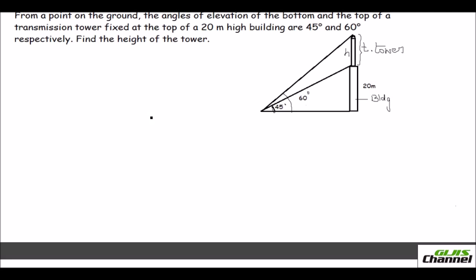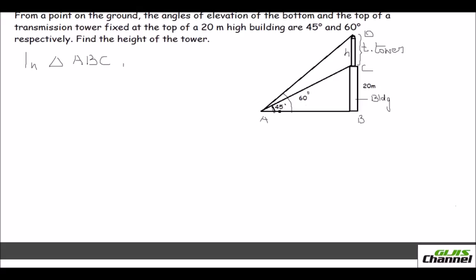Now let's do the small triangle, 45-degree angle, okay? For convenience sake, let me name it. I would write A, B and C for the building, and A, B and D for the tower. In triangle A, B, C, now I'm going to do the building, okay?